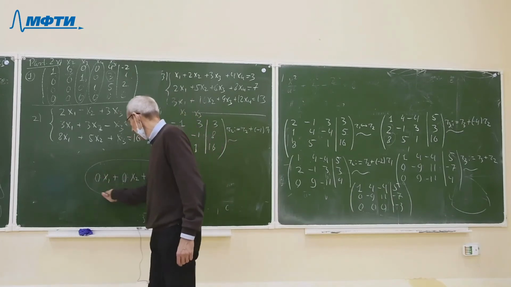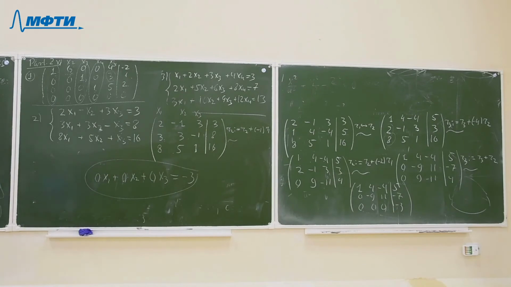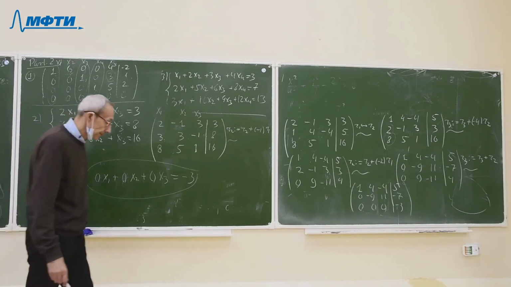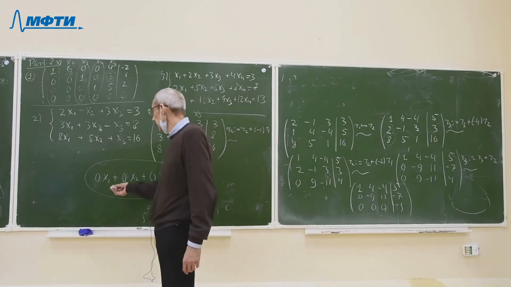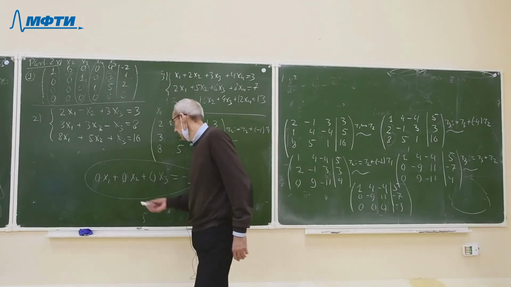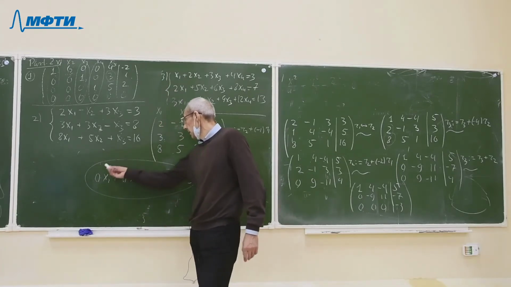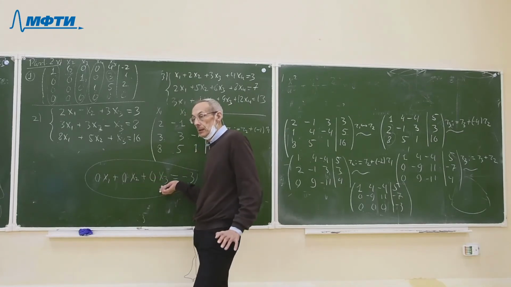What does this equation mean? Easy to see that this equation has no solution. In the lecture, I considered the same example. If we put arbitrary values for the unknowns in the left-hand side of this equation, we obtain 0, only 0.